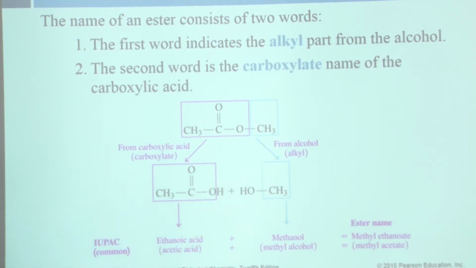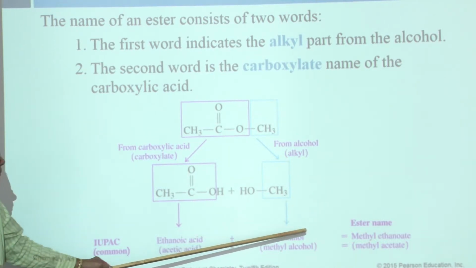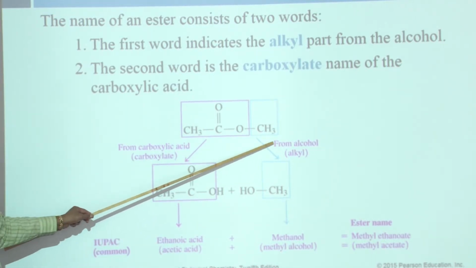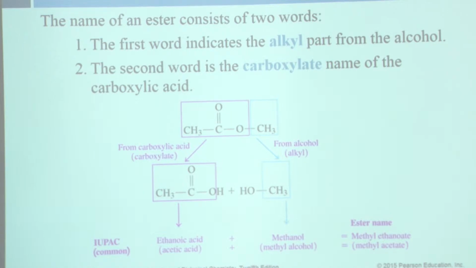Methyl alcohol, methanol, methyl. So methyl ethanoate. So then the IUPAC name, the acid is the carboxylate, the alcohol is the alkyl. So that's how you set up a name for an ester.